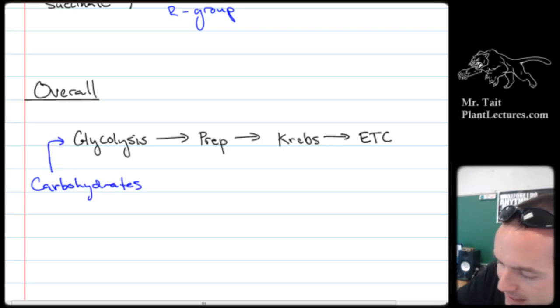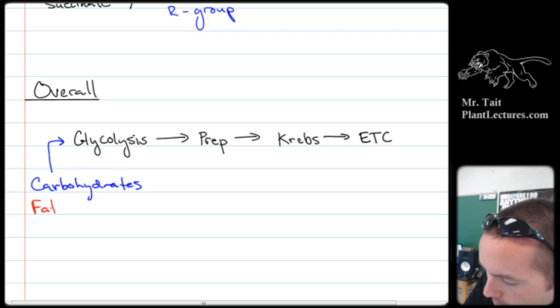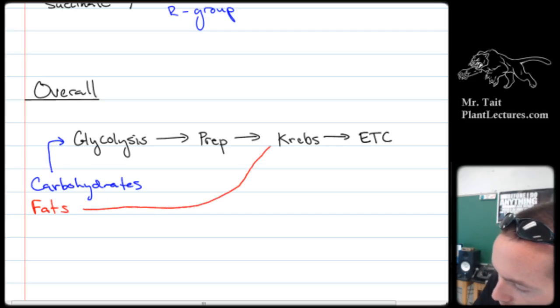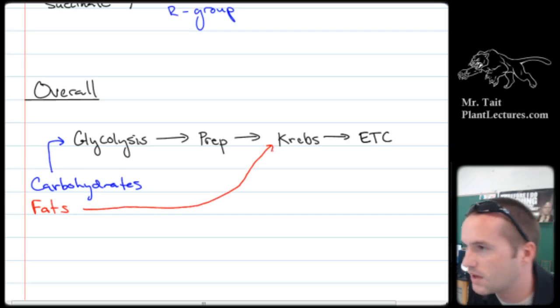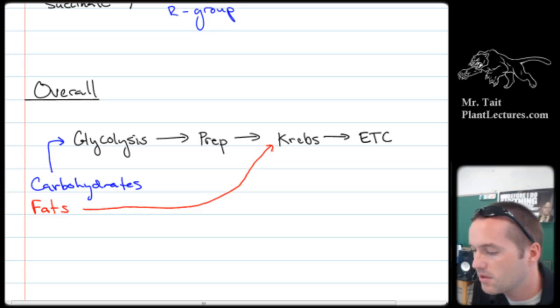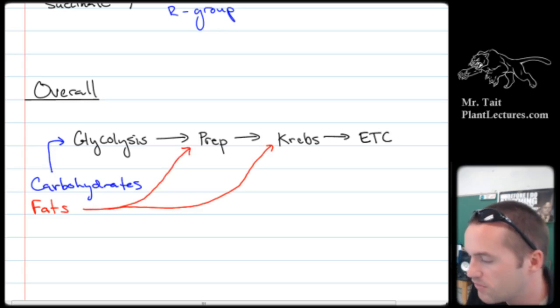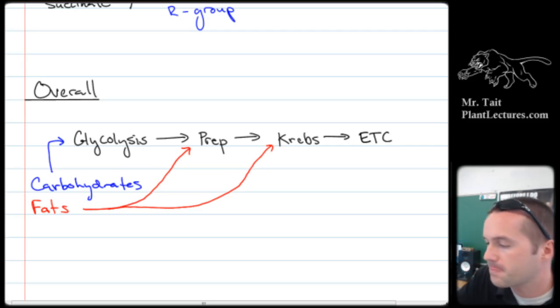If you have fats, fats are going to enter in two places. The majority of the fat, the fatty acid tail, is going to enter at the beginning of the Krebs cycle after it gets made into acetyl-CoA, right? But the glycerol part of it is going to go into the beginning of the Prep steps because it's going to get made into pyruvate, right?